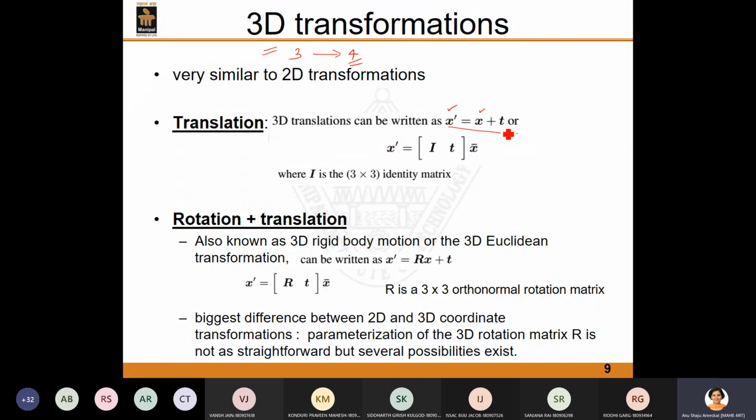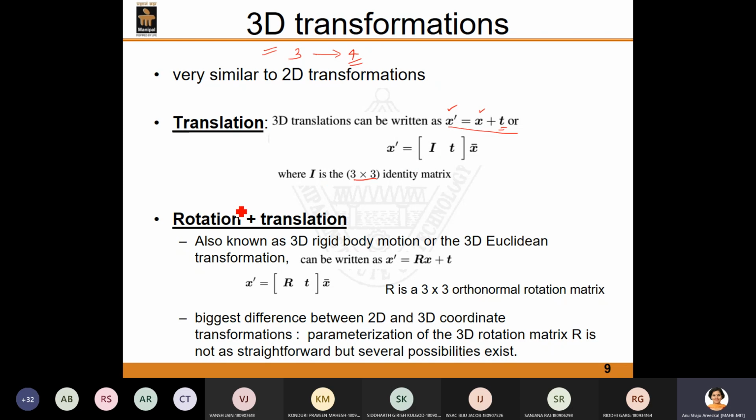Here t has translation along the x, y, and z directions. Accordingly the identity matrix also becomes a 3 cross 3 matrix. In the case of 2D, it was a 2 cross 2 matrix. That is the only difference for a translation.